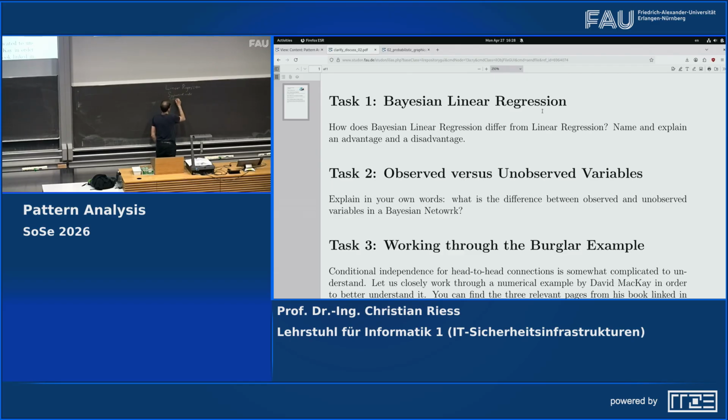We can maybe clarify this in a second. And then a prediction is made, not a class, it's a continuous value, no? So prediction of a continuous value.